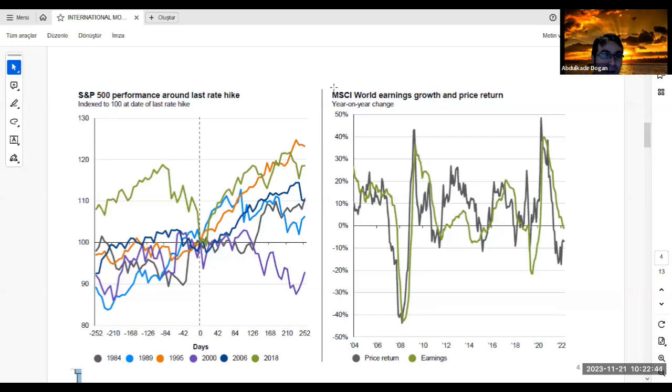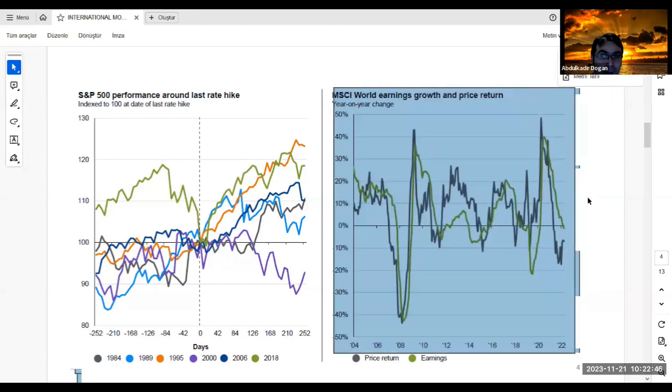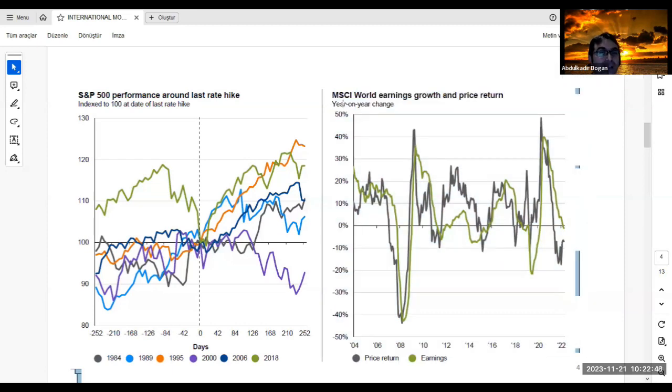And on the right-hand side, I have the Morgan Stanley MSCI index.